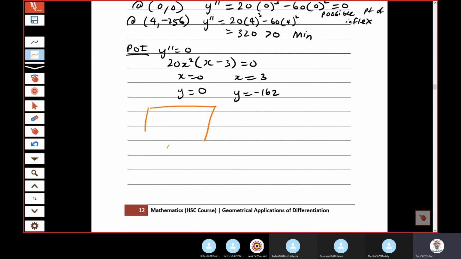X, y double dash. Obviously, where do you sub back into? Not y, into y double dash now. X, y double dash, y double dash.